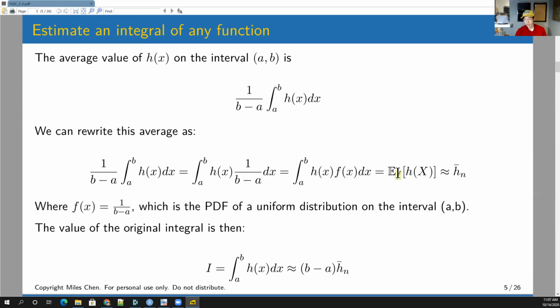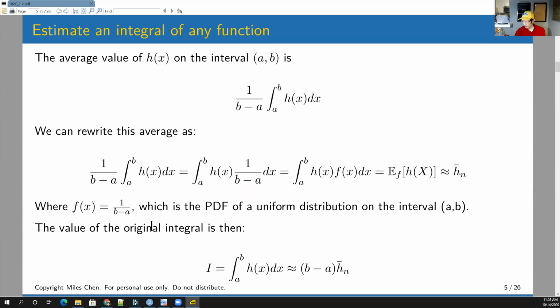That means if we can generate x from the uniform distribution, which has PDF f equal to 1 over b minus a, then we can calculate the expectation by taking the sample mean, h bar sub n.